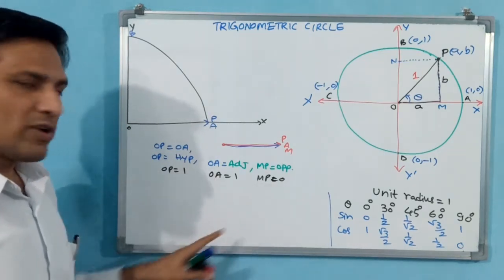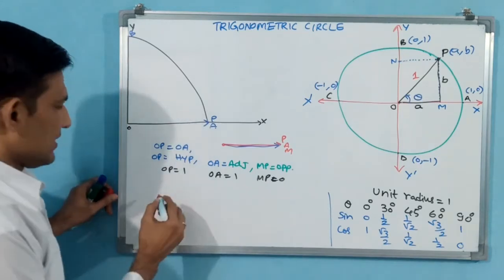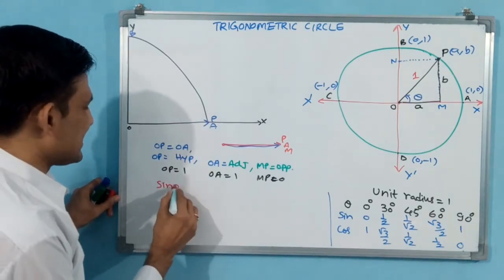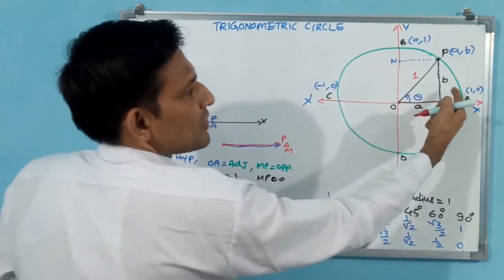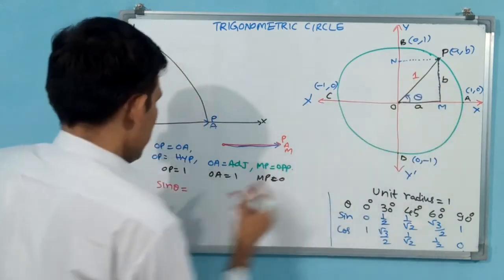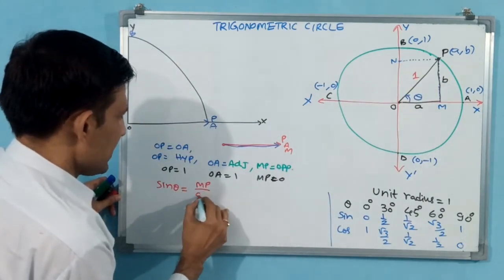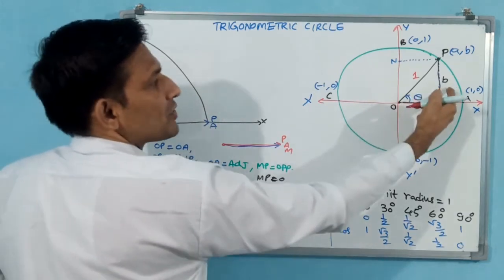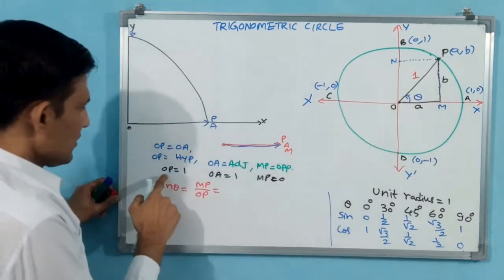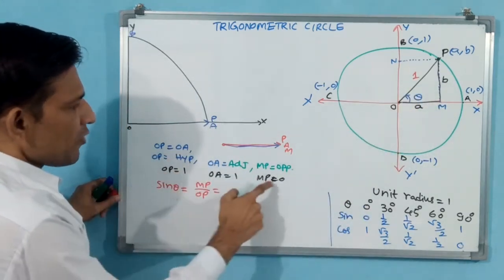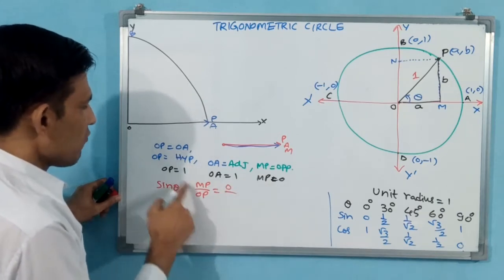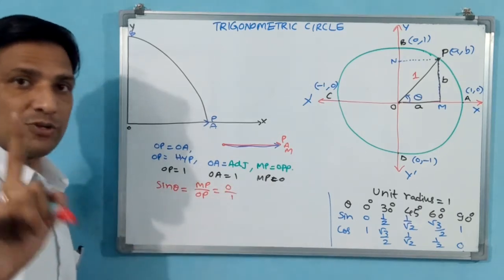1, 0 is there. Then you write sine theta. Sine theta is how much? MP by OP. That means opposite side by hypotenuse. Opposite side MP how much? 0 divided by OP how much? 1. This OP is always 1, you keep in your mind.